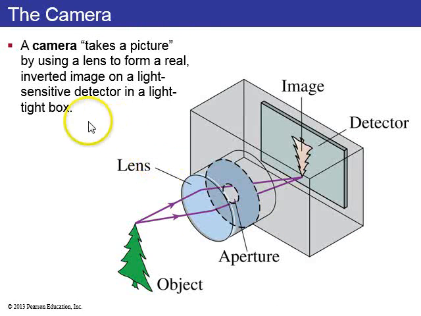So, a camera. A camera takes a picture by using a lens, a converging lens, to form a real upside-down image in a light-tight box upon a light-sensitive detector. There's usually an aperture which allows only light through a certain part of the lens.